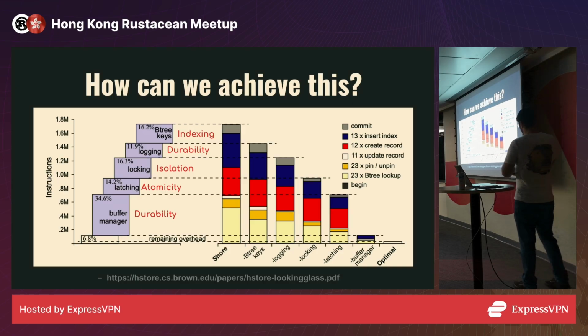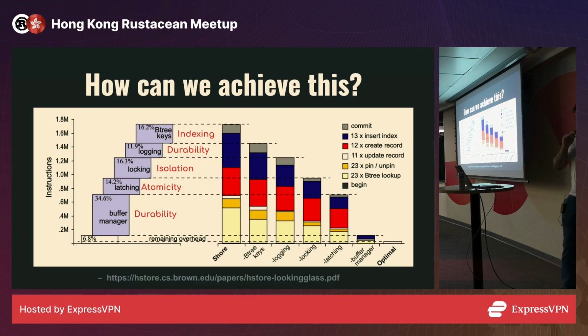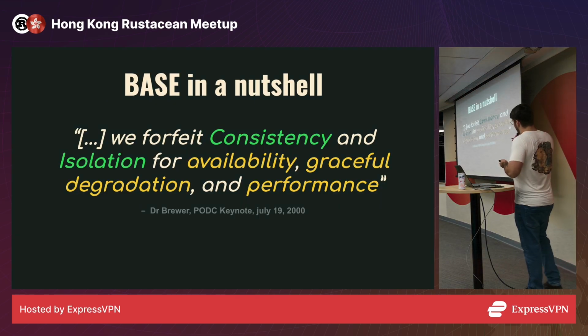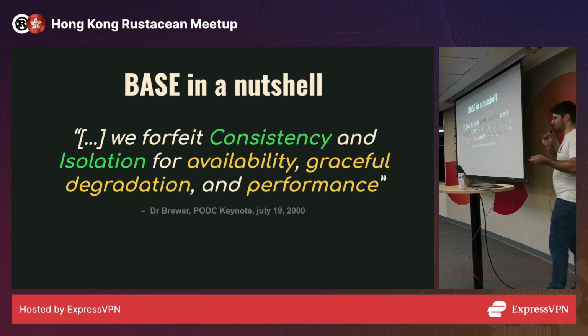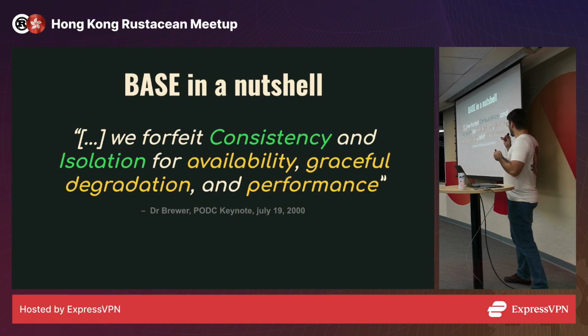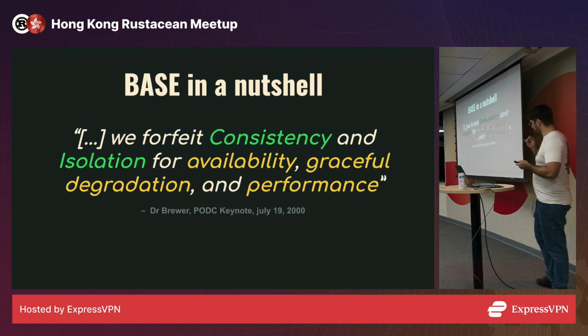And there's the optimal part down here, which is the actual data being written. So they figured that BASE is basically forfeiting consistency and isolation in order to have greater availability and performance.